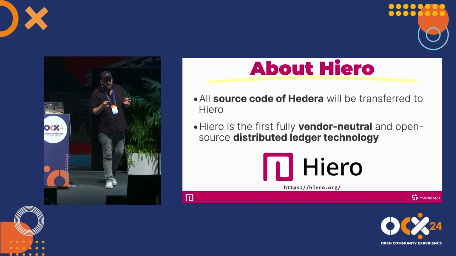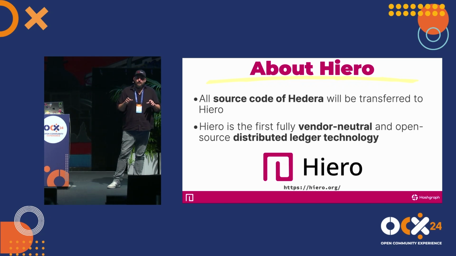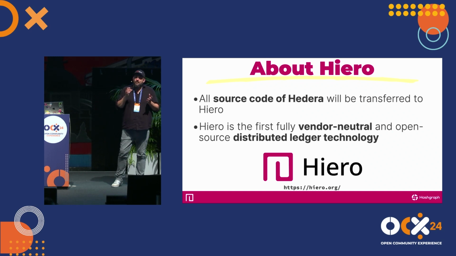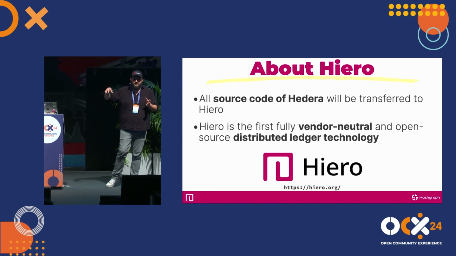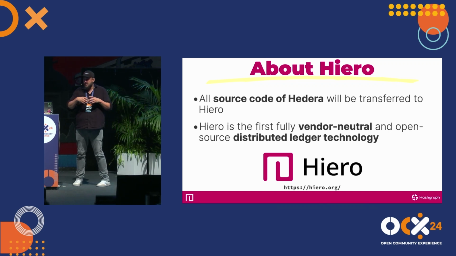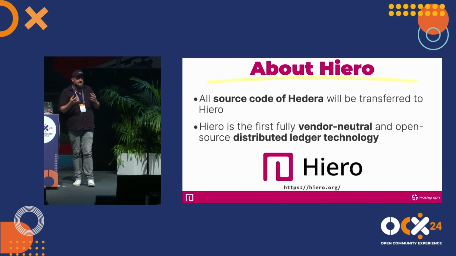It's even defined as a vendor neutral project now, and Hedera, the product, is just one product that is built on those sources. So in theory, you can now use the sources and create your own private decentralized network.